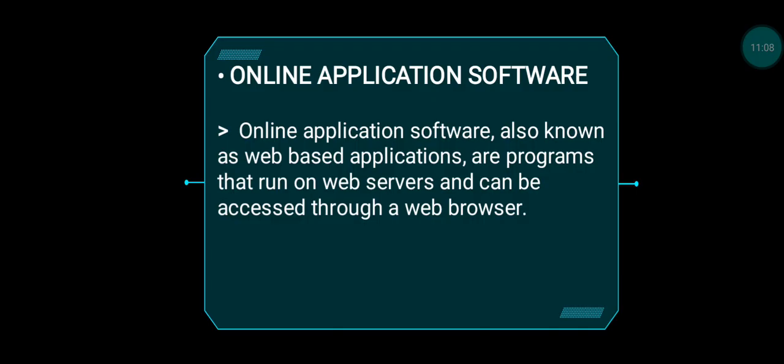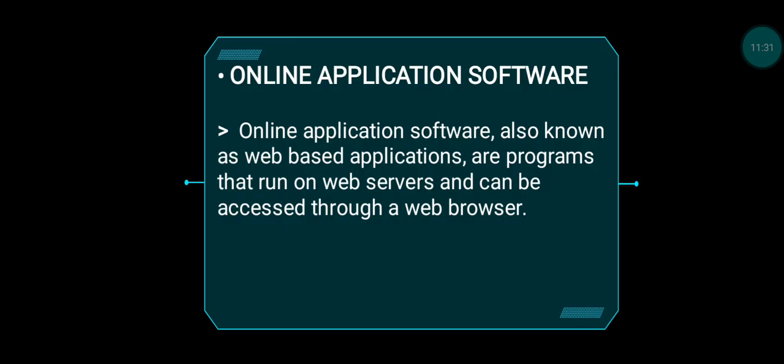Online application software, also known as web-based application, are programs that run on web servers and can be accessed through a web browser. Online application software, which means are the programs that run on the internet instead of being installed on a computer.